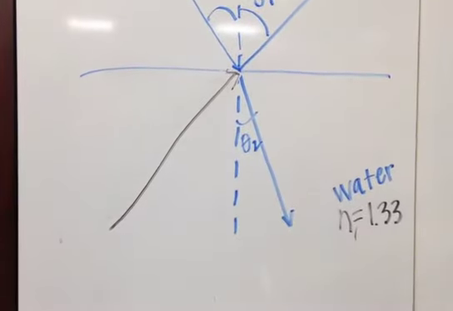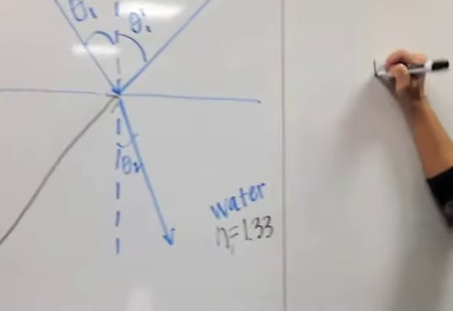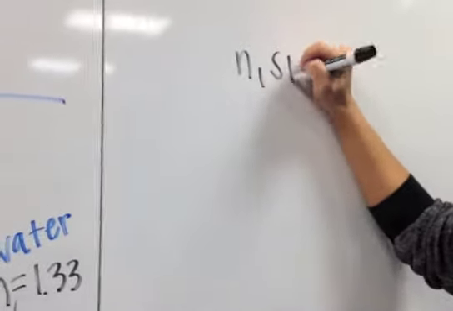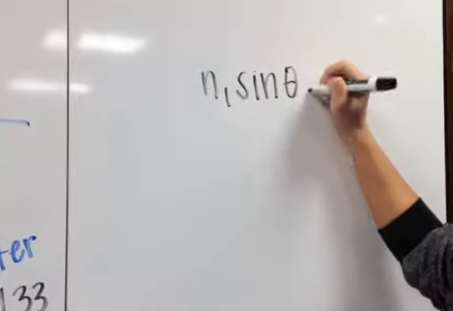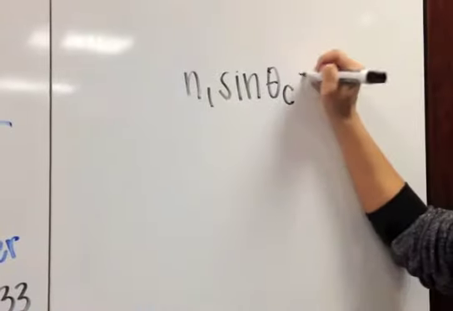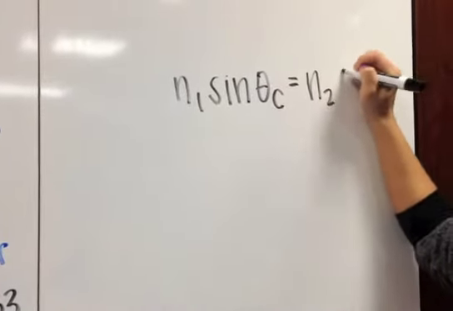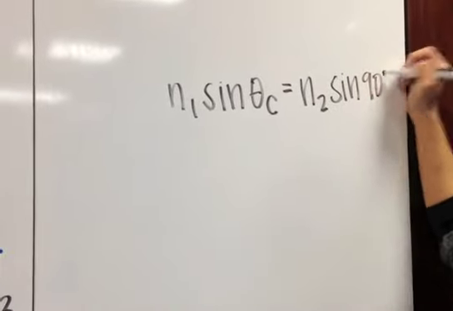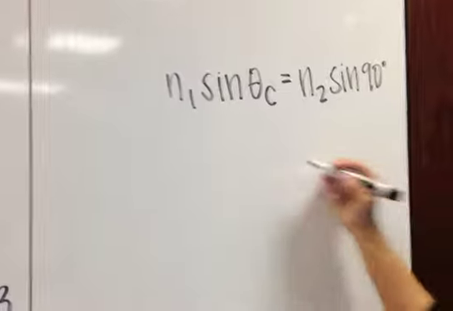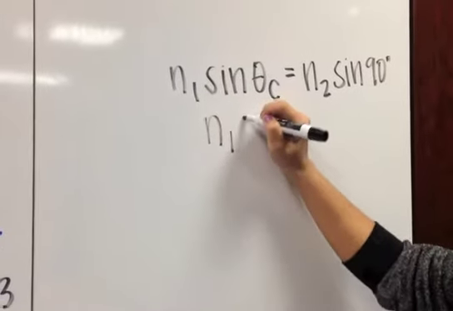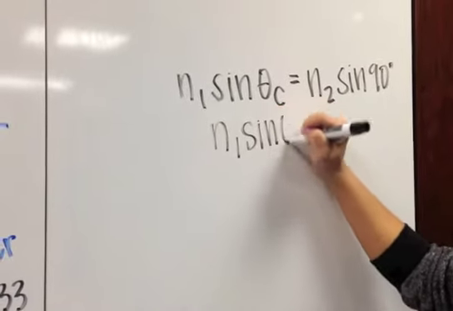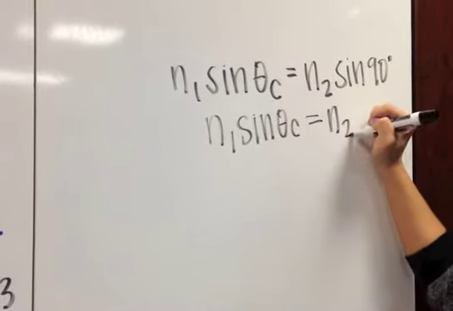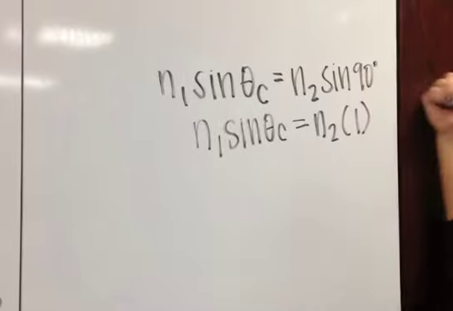And then the calculation for the critical angle is going to be N1 sine theta c is equal to N2 sine of 90, which is going to give you, sine of 90 is 1.